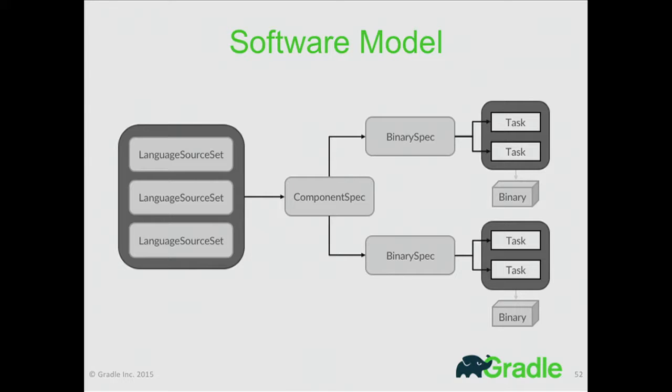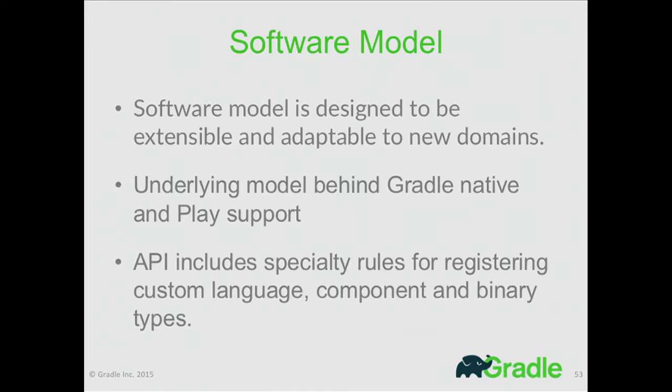That component can create multiple binaries. I create an x86 binary and a 64-bit binary, and even a jar. I can produce a jar for Java 1.6 or one for 1.7, et cetera. And then there might be several tasks that are responsible for generating that binary. In the case of the native space, I have a task to compile my code, then a task to link it into the object file, et cetera. And that finally pumps out a binary. So these are the unique bits of what a build should be comprised of.